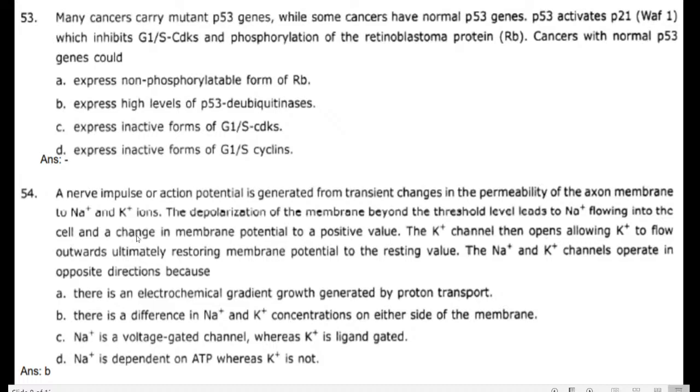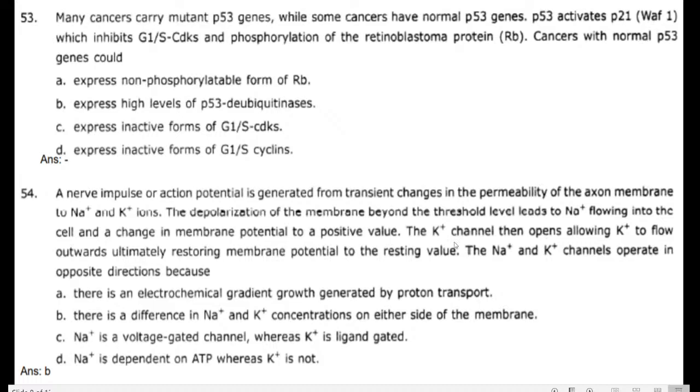The next, now impulse or action potential is changes in the permeability of the axon membrane to Na plus and K plus ions. The depolarization of the membrane beyond the threshold level leads to Na plus flowing into the cell, and changes the membrane potential to a positive value.